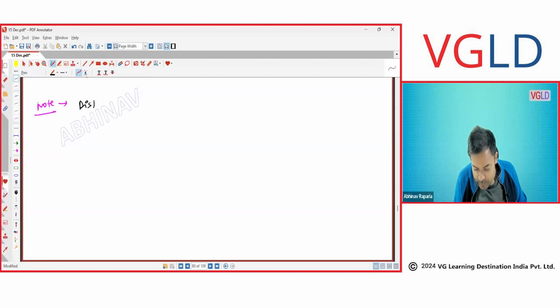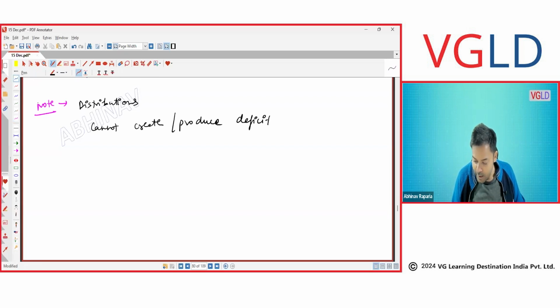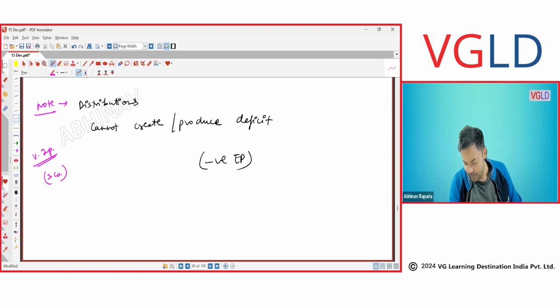Distributions cannot create or produce deficit. That means I cannot have a negative ENP because of the distribution. This note is very important right now. It is not so important right now, but when we are going to do the S corporation, this is going to be important for us.